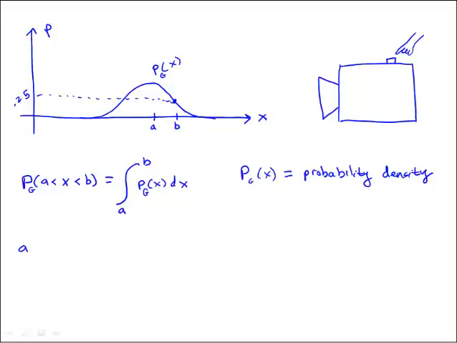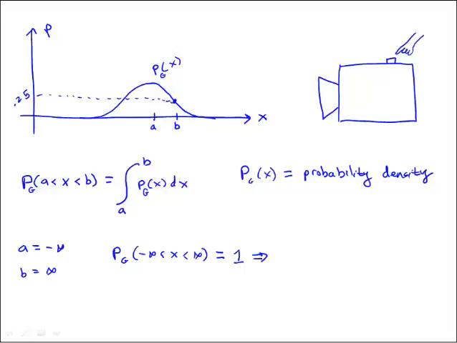What if a is minus infinity and b is plus infinity? What is the probability that x is between minus infinity and positive infinity? Well, that should be 1, because all of the real numbers are between plus and minus infinity.